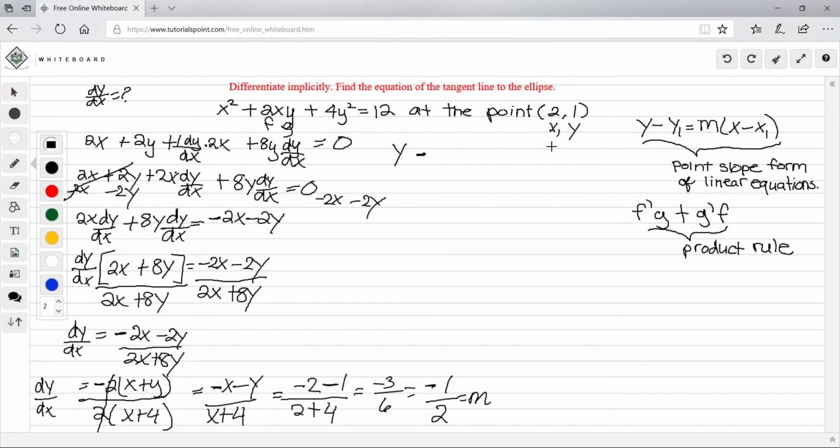So this is our x1, this is our y1, and our y1 is 1. So y minus 1 equals, we said our slope is negative 1/2, times x minus x1, which is 2.